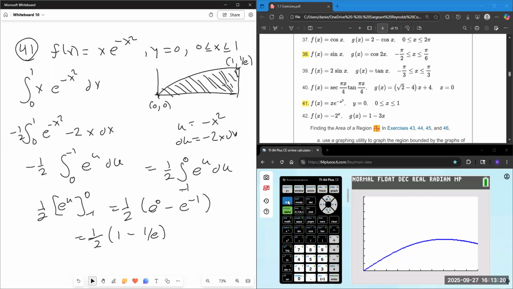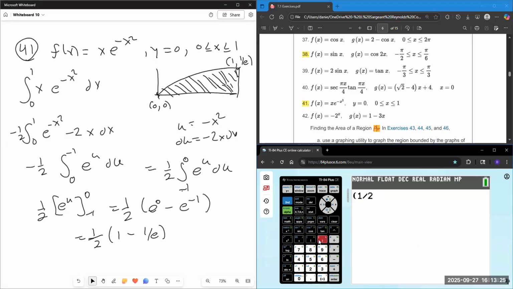And so let's see what that is. 1/2 of 1 minus 1 over e is right there. And this is about 0.316 when we round to 3 decimal places. So I've given you the exact answer, and I've given you an approximate answer there.